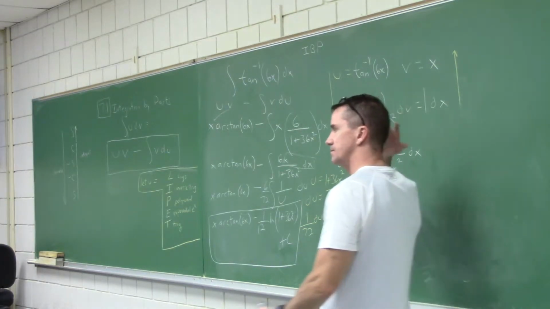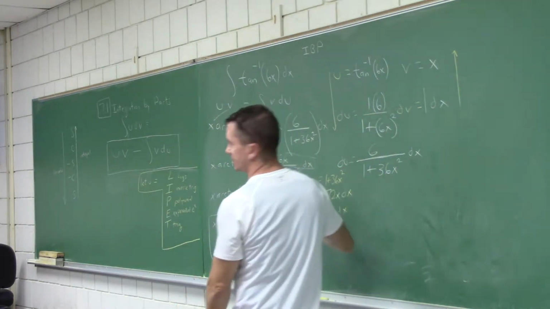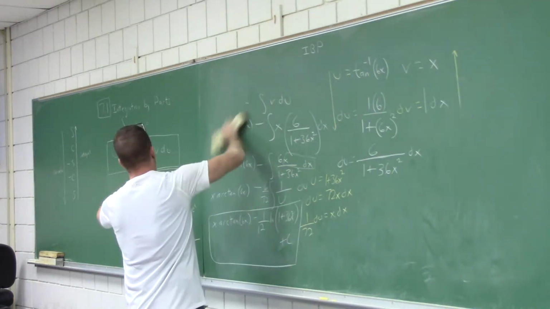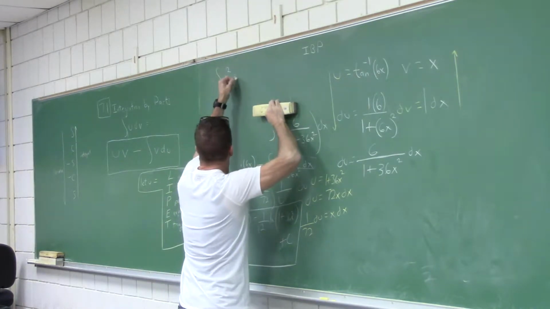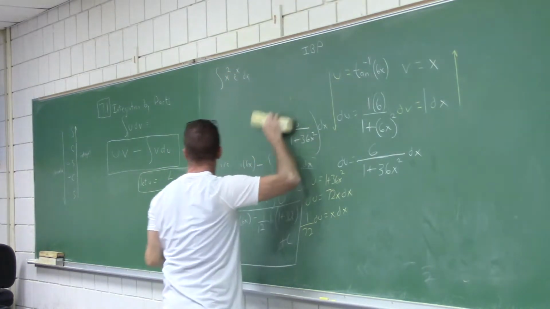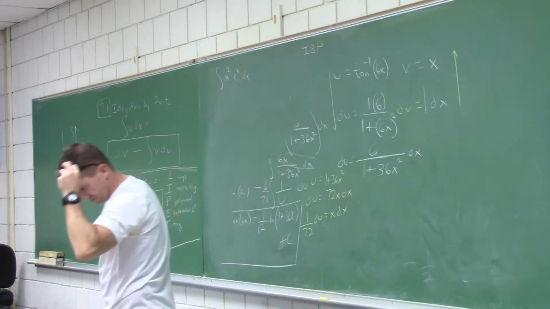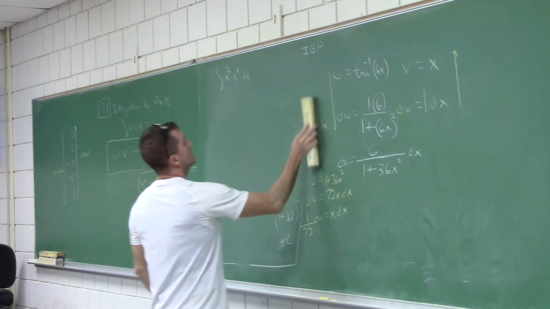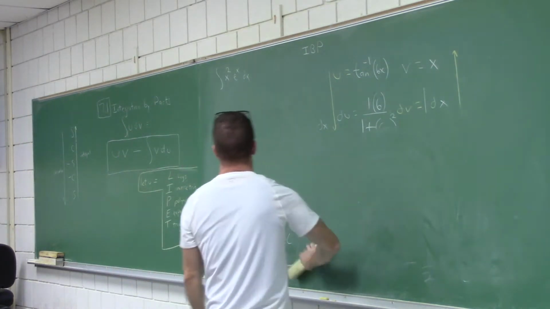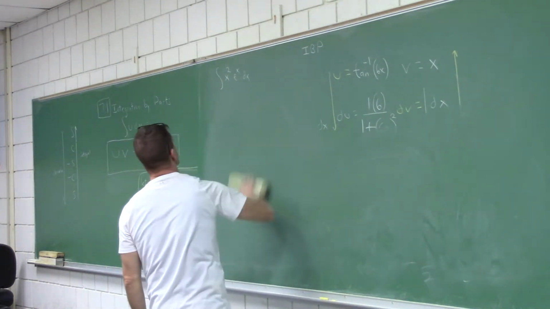So far so good? All right, this is going to be new. It's just going to look weird. This is like number 19: x squared e^x dx.